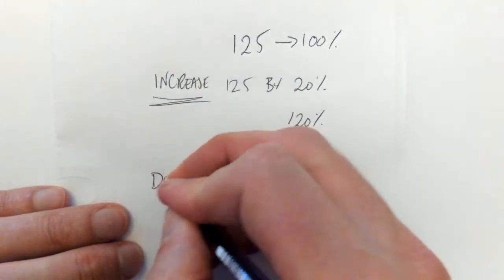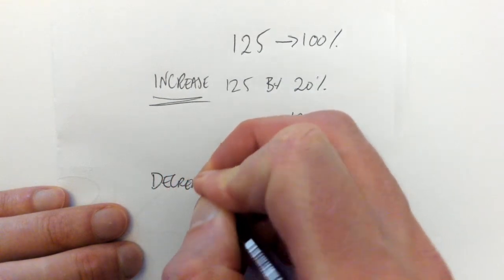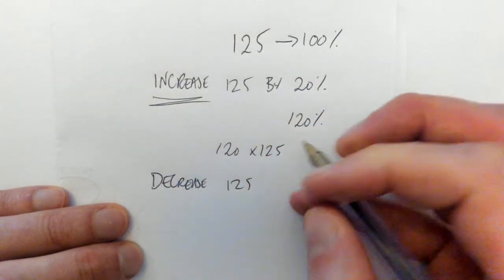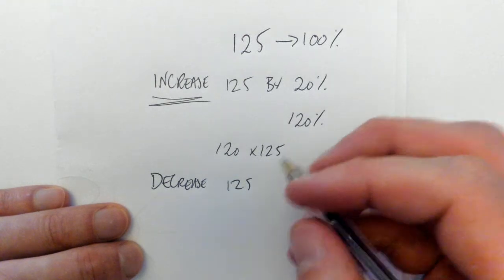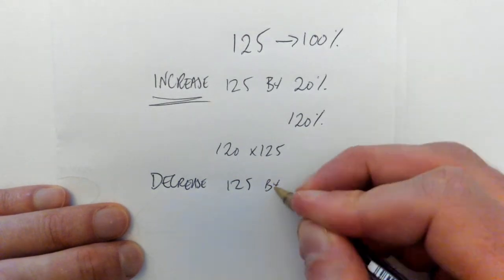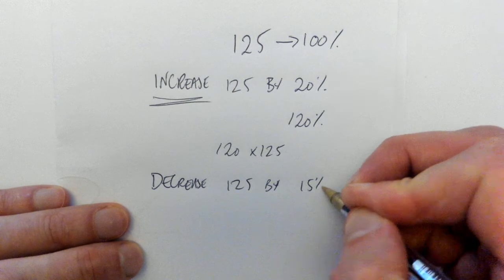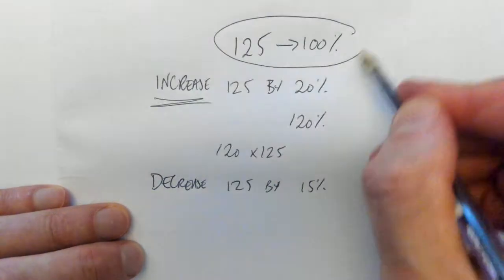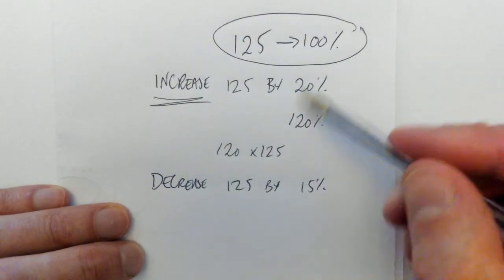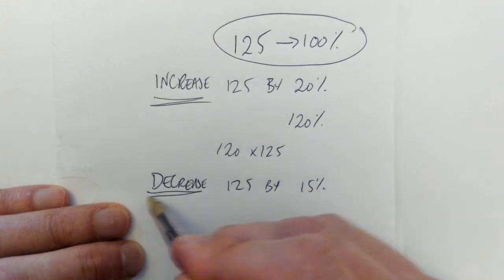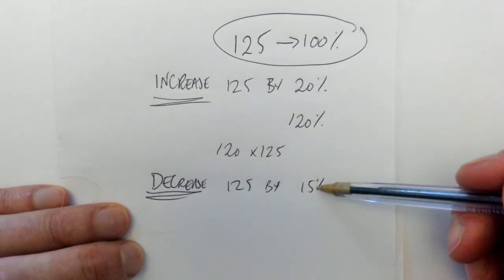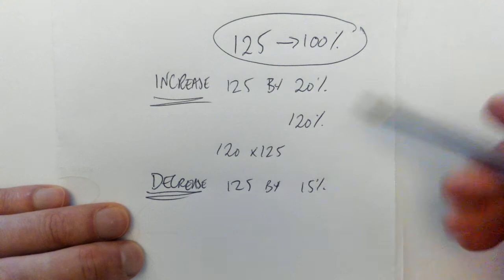If I said decrease 125 by 15%, okay, so again 125 represents 100%. If I'm decreasing it, decrease means getting smaller, by 15%, 100 take away 15 is 85, isn't it?